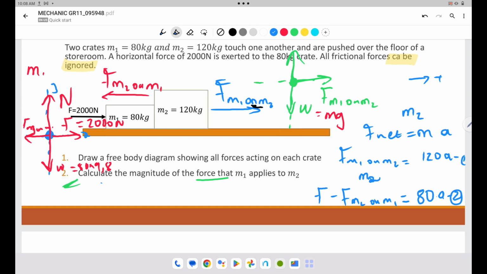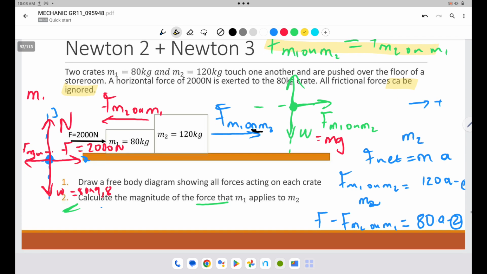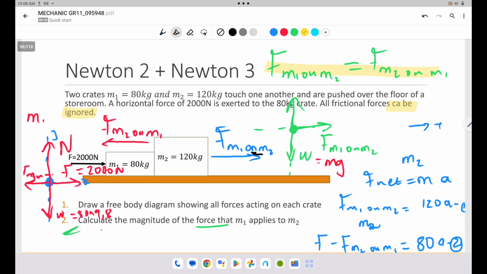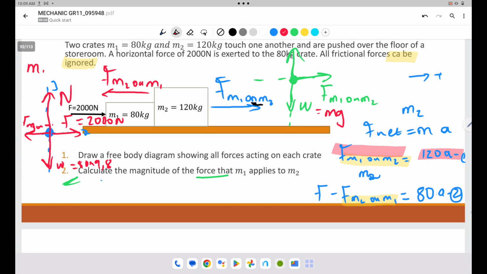What I've said up there is that these two forces have the same magnitude, meaning wherever I see Fm1 on M2, I can put Fm2 on M1 because they're the same in magnitude. But what I know from the above statement is that this force equals 120 multiplied by the acceleration.